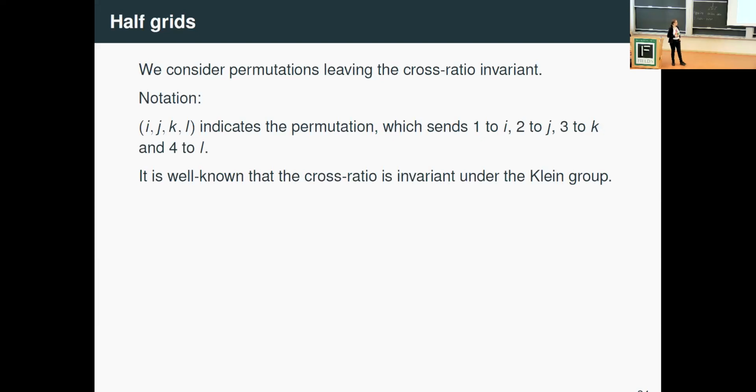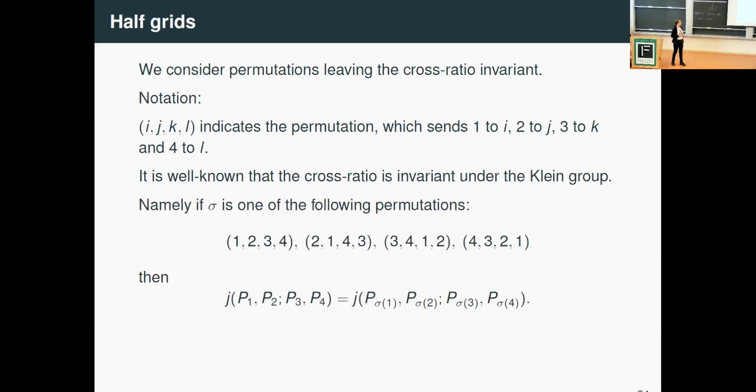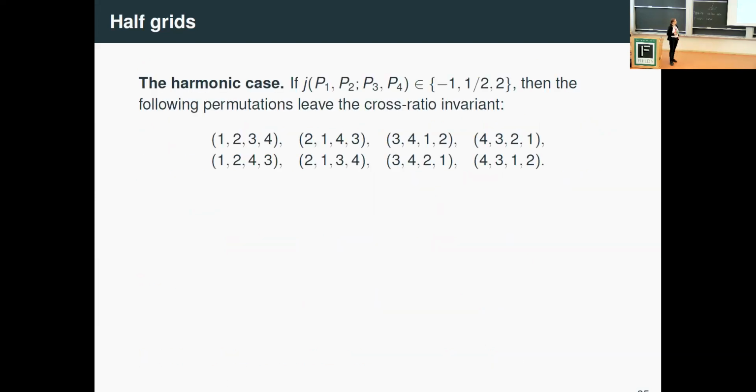With this notation, first, it is well known that the cross ratio is invariant under the Klein group. So this means that if sigma is one of the 4 permutations listed on the slide, then the cross ratio is invariant. But besides these involutions, there are also 2 more cases which leave the cross ratio invariant, and these are the harmonic and anharmonic cases.